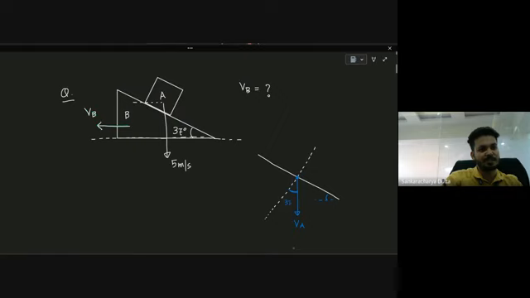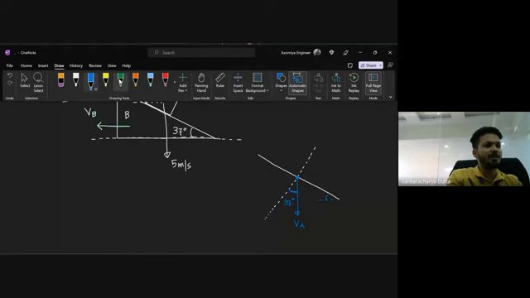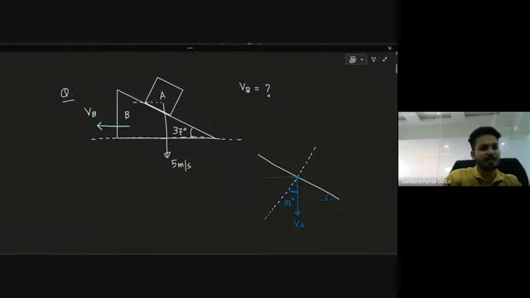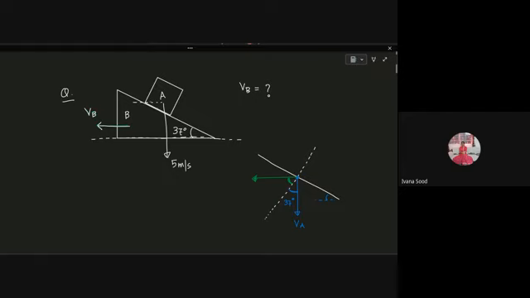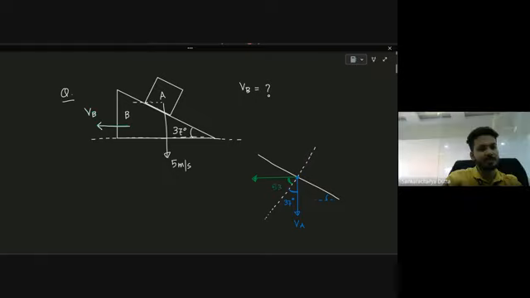I hope everybody understood this. What about block B? Block B is moving in this direction. Can someone tell me how much is this angle right here? 53. Very nice. Because if this is 37, and this is 90 degrees, so this is 53.